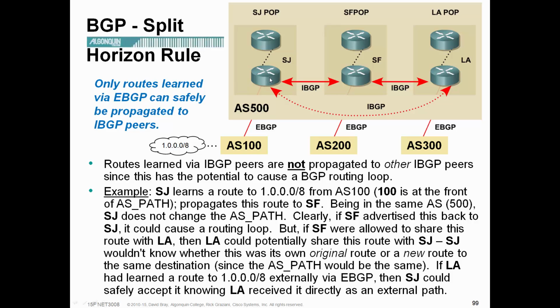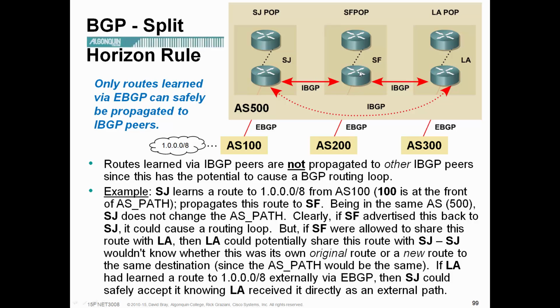That lets SJ know that to follow that route, it would have to go through AS100 first, and then whatever else is in the AS path before it reaches the destination network. So, as the path comes into SJ for network 1/8, this is an externally learned path.